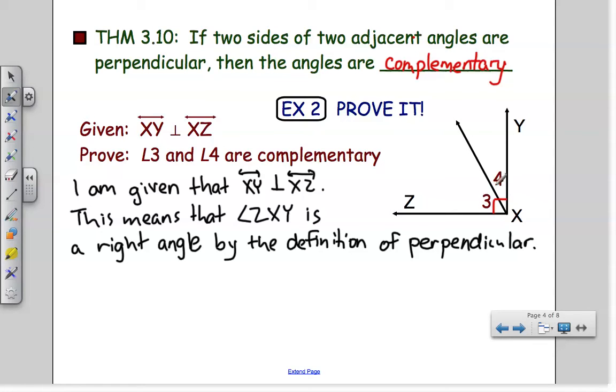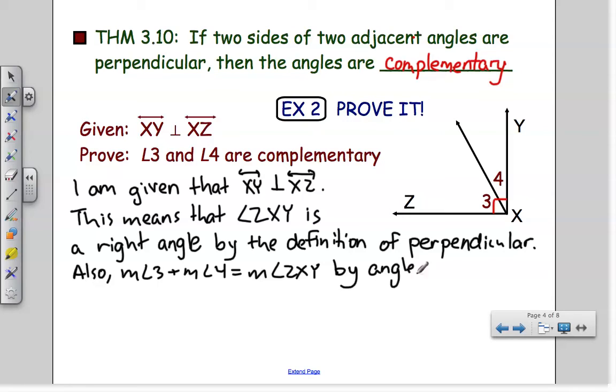Alright, so let's say that we know that the measure of angle 3 plus the measure of angle 4 equals the measure of angle ZXY. And how do you know that you can add 2 smaller angles to get a larger? Well, that's angle addition. I'm adding 2 smaller angles to get a larger.